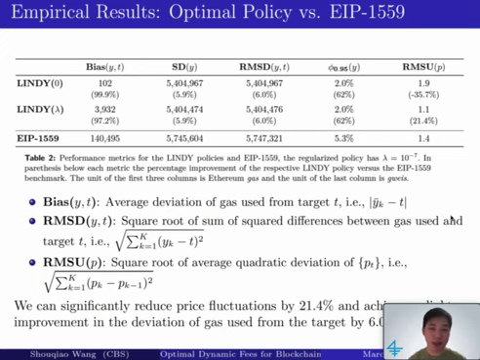Note that even when lambda is 0, we can only improve RMSD by 6.0%, which means EIP 1559 does a really good job on handling the deviation of the demand yk to the target T. However, it has room for improvement on decreasing the price fluctuation, since the RMSU of our policy is significantly better than the RMSU for EIP 1559.